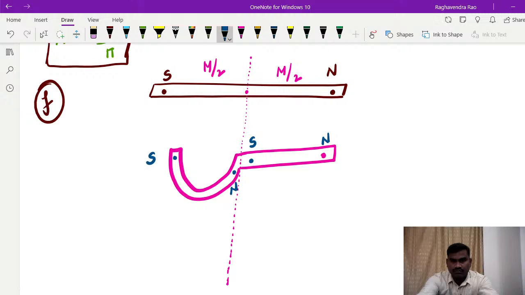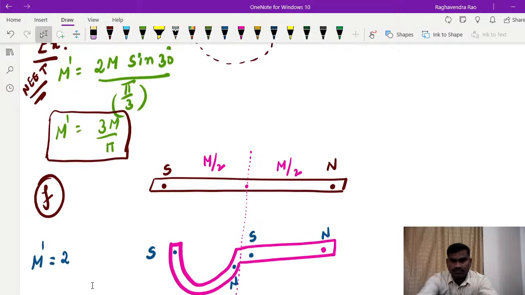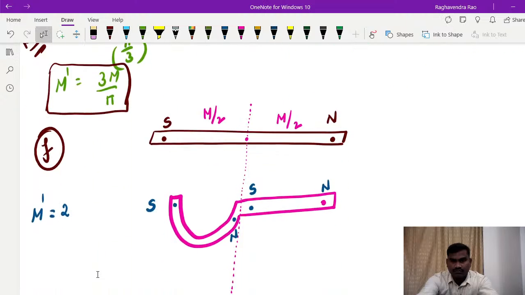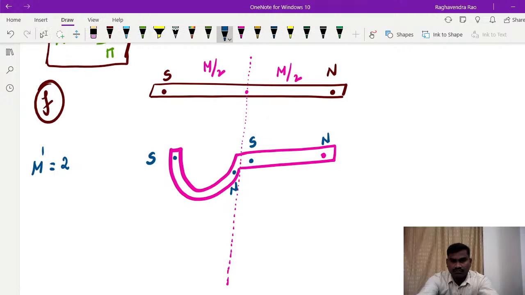Now what is the value of magnetic moment of this part, m dash? In the form of semicircle, it is 2m by pi in general. But here only half part of the magnet is bent in the form of semicircle.